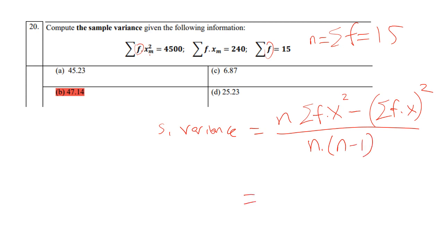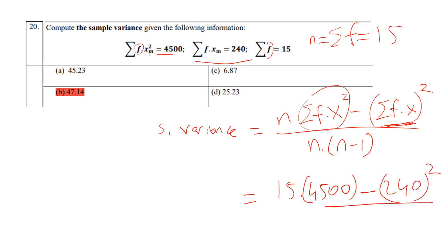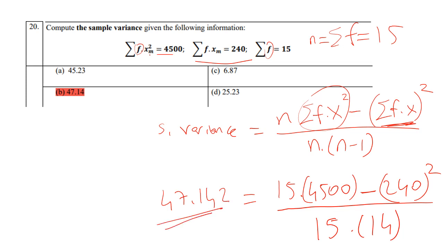So if you write this one, this is 4,000... n is 15, 15 times 4,500 minus 240 squared, divided by 15 times 14. With the help of a calculator, you can see this is 47.142 or something like this. But here it's rounded or approximated. It's B.